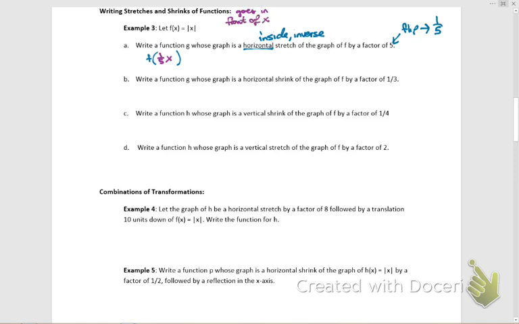So just like those reflections. Okay, it'll either be inside in front of x or outside in front of x. And then all we have to do is take this, and since it's inside, it goes inside. So it'll be the absolute value of 1/5 x. And that's it. For a horizontal shrink, same idea. Okay, inside, inverse.